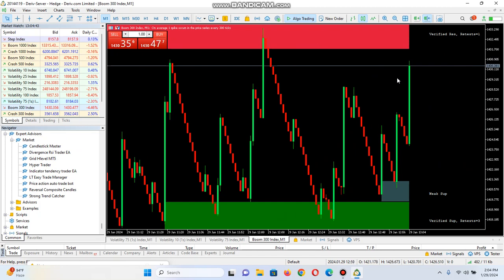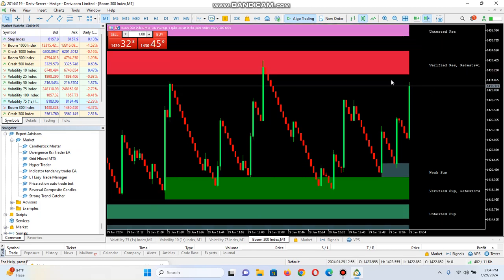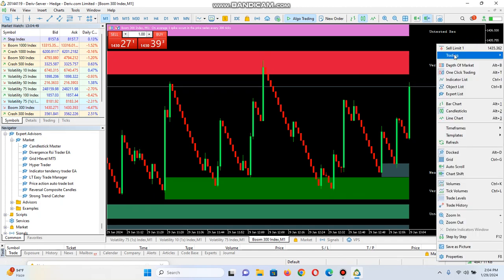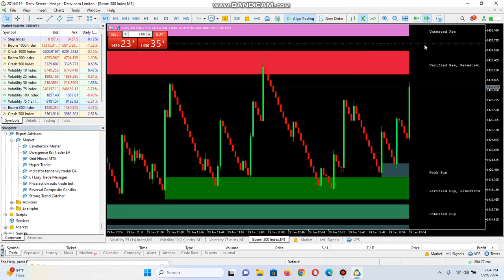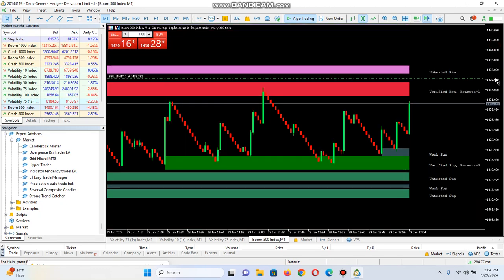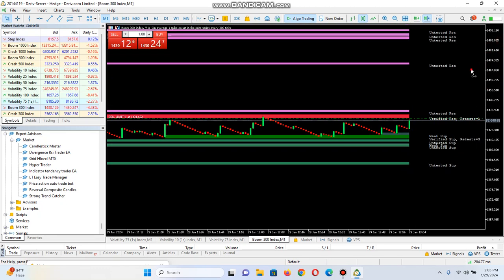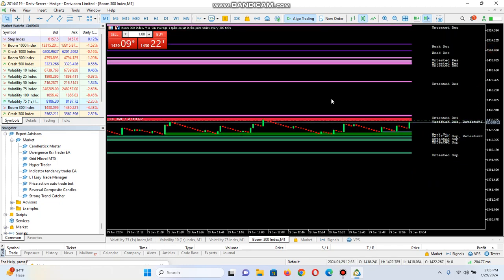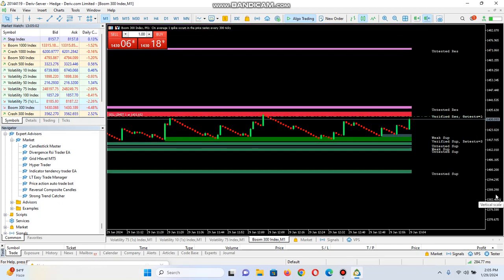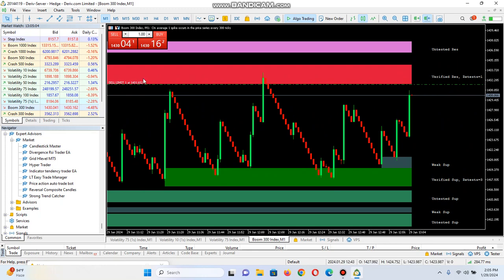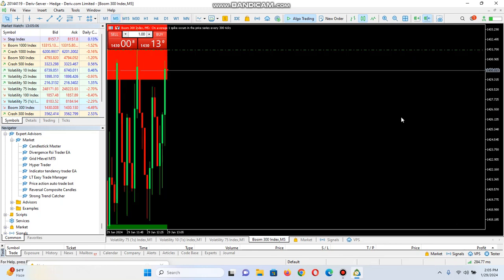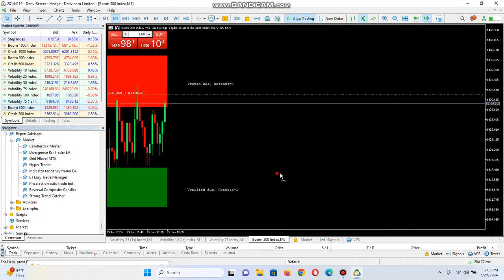So some people, at every verified point, if you are looking for this, you can just put a sell limit there. Though this one is supposed to be breaking after coming to the second, because you see there are too many zones up there. But if you check 5 minutes, you will see the overall point where this market is going. Where is the overall point? There is another verified zone after breaking this one.